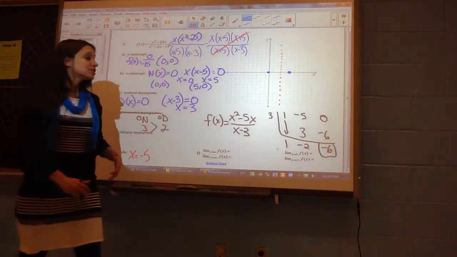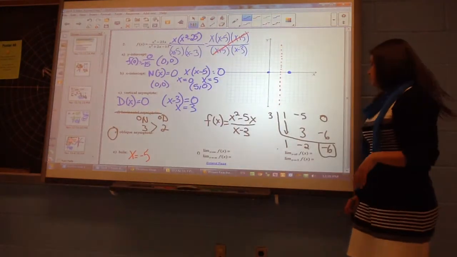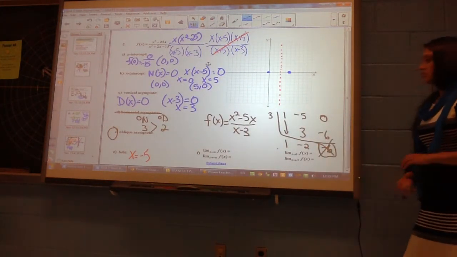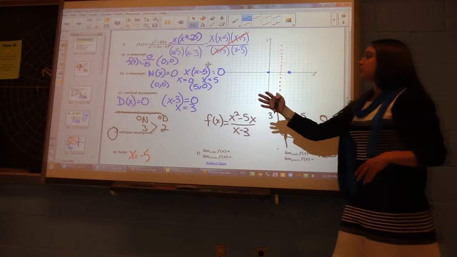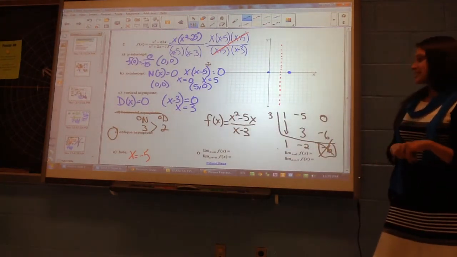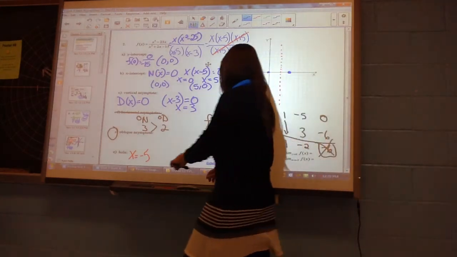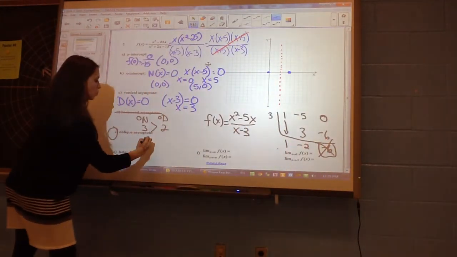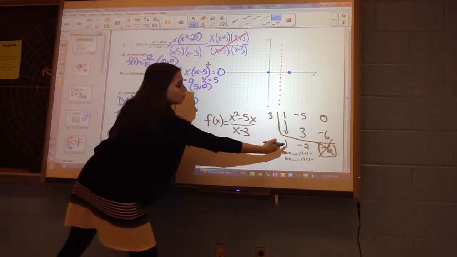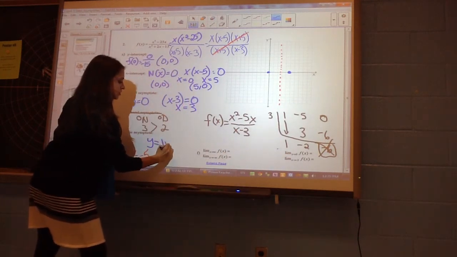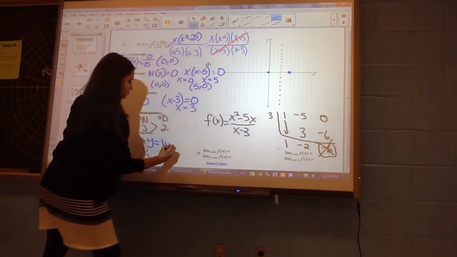My remainder doesn't matter. So my oblique asymptote, or my slant asymptote, they mean the same thing, is going to be at the line y equals 1x minus 2.